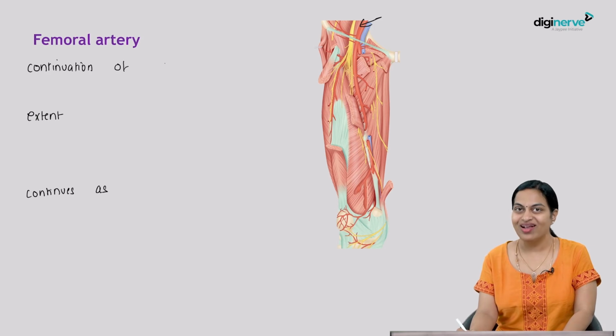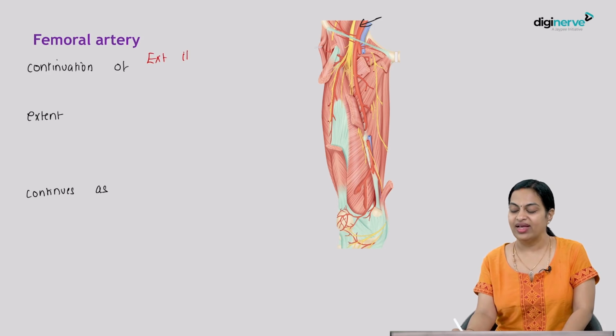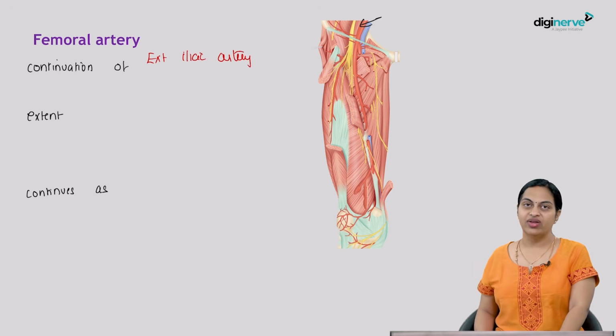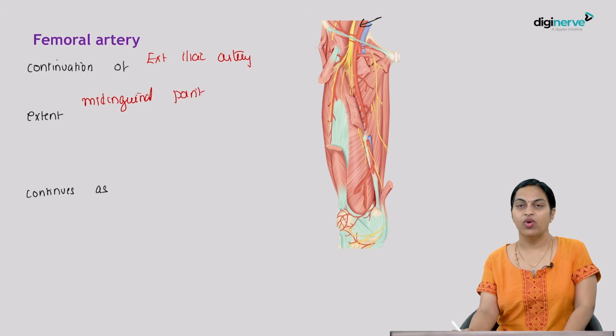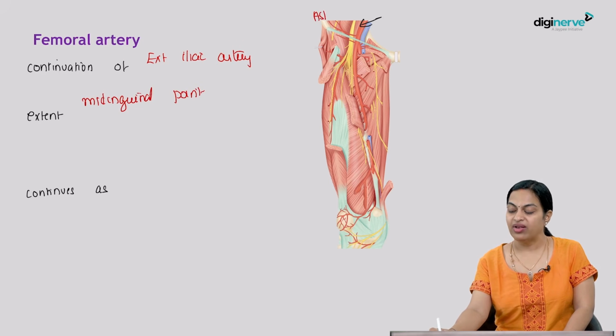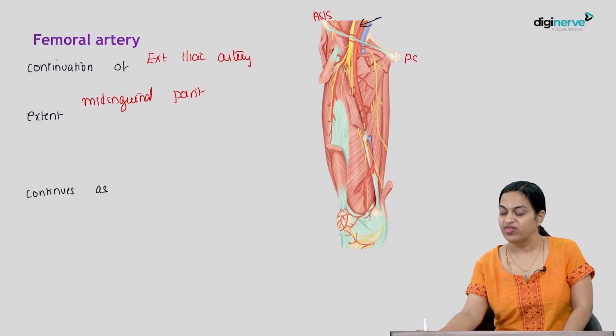So this femoral artery is a continuation of the external iliac artery. From where to where do we call it the femoral artery? From the mid-inguinal point. Just now we saw, right, what is the mid-inguinal point? It is the midpoint of the line extending from the antero-superior iliac spine to the pubic symphysis.